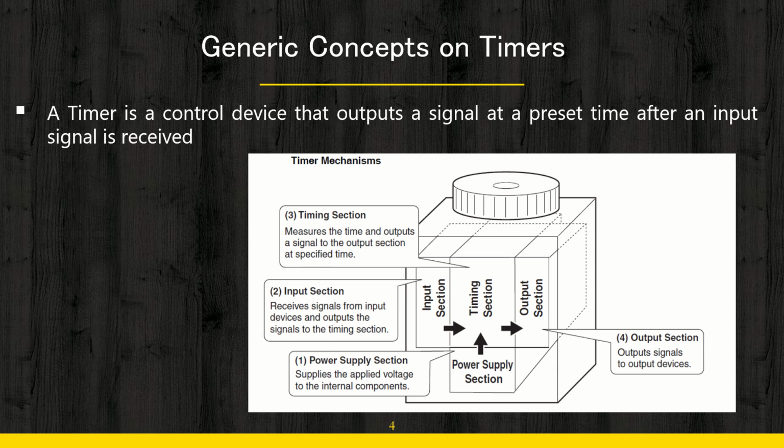Once that preset time is over, then there is an output signal. Now this signal can be applied in many different perspectives, but ultimately what you are getting at the output is a signal.